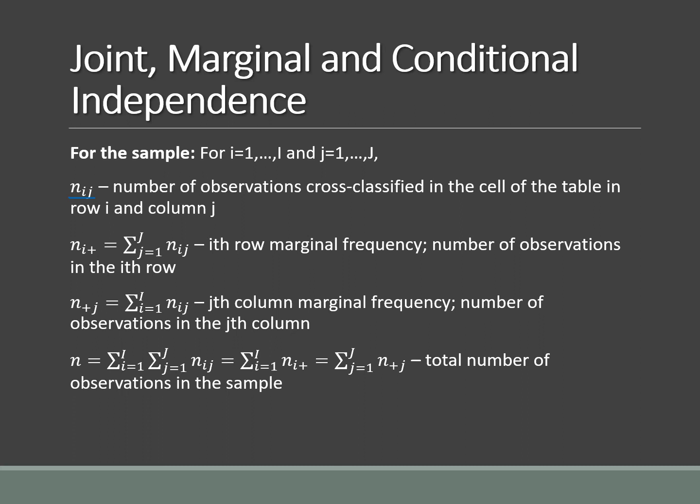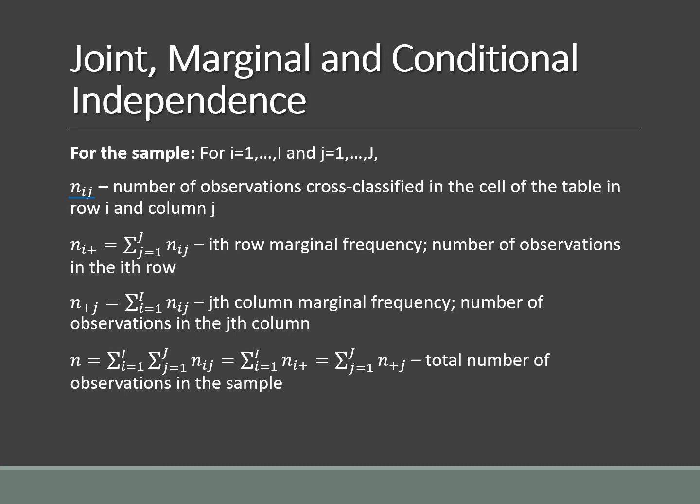Okay? So this is the number of observations cross-classified in a cell wherein it is located in row i, column j. Then we have ni plus, meaning it is the number of observations located in the ith row regardless of the column position.